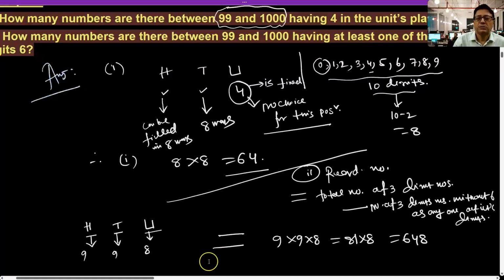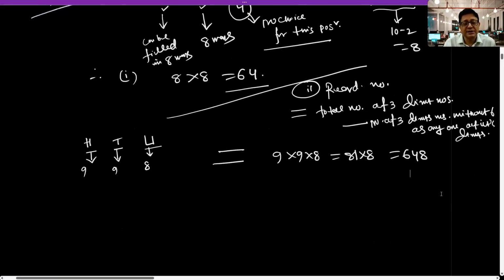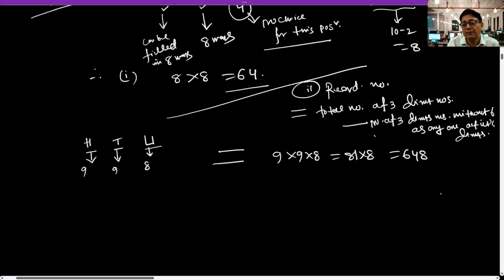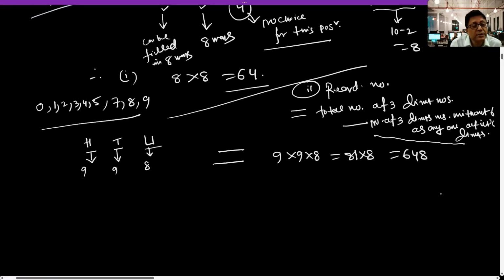Now, consider the case when 6 is not any digit at all. So for this part of the problem, we need to keep 6 away from the 10 digits: 0, 1, 2, 3, 4, 5, 7, 8, 9. And this place 0 cannot occupy. So how many ways can it be done?